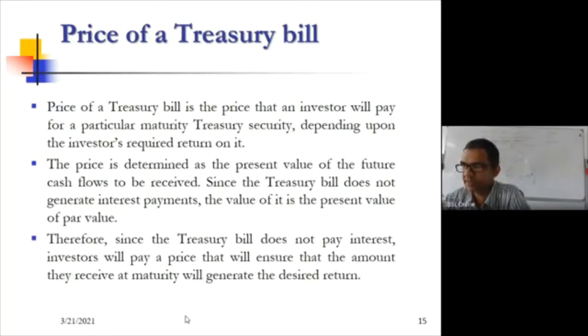That is the amount that an investor pays to buy the treasury bill. That depends on the investor's requirement. For a treasury bill with a maturity value of 100, whether you pay 99 rupees or 98 rupees or 90 rupees or 65 rupees, that depends on the investor's required rate of return.